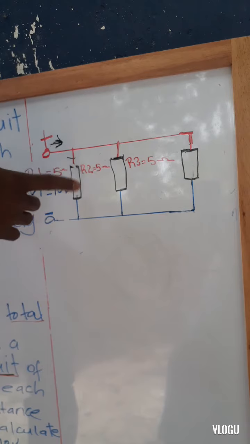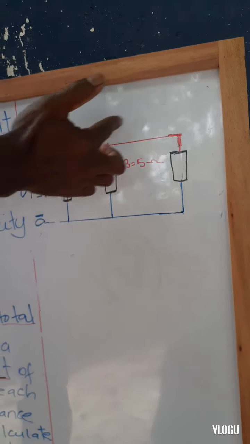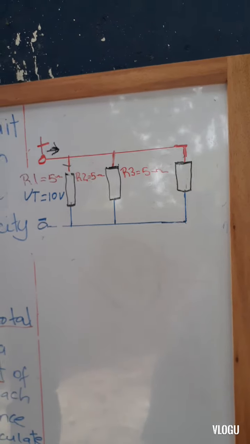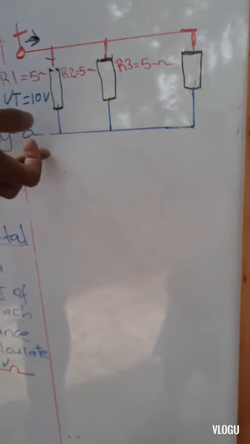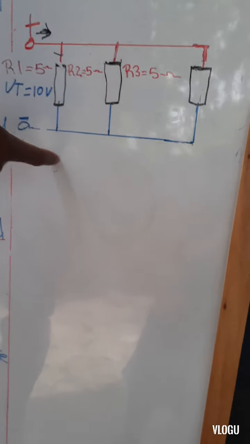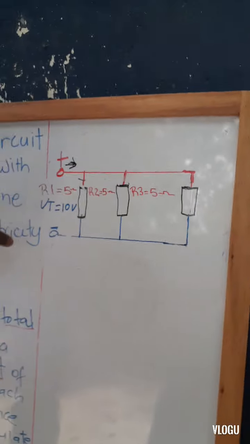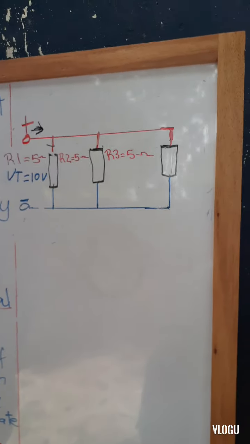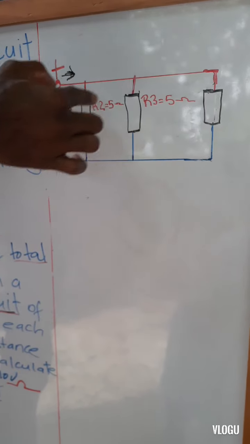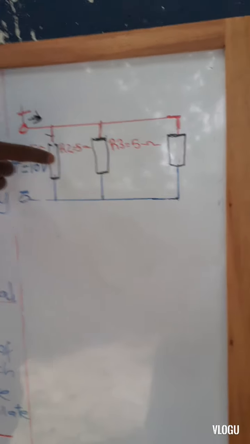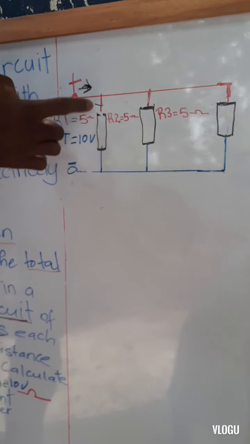Each, as I said before, each end is either positive or negative. So in this case, I've drawn the circuit, and the red end represents the positive end, and the blue end represents the negative end for the resistor. And I have plugged them in independently, meaning because it is a parallel circuit, each resistor or each load would have been connected to the positive and the negative side of the circuit independently.